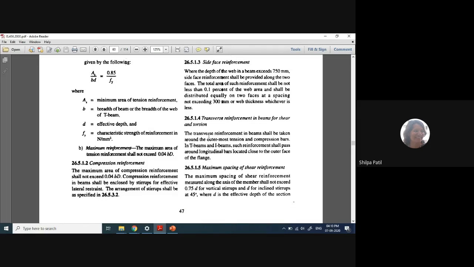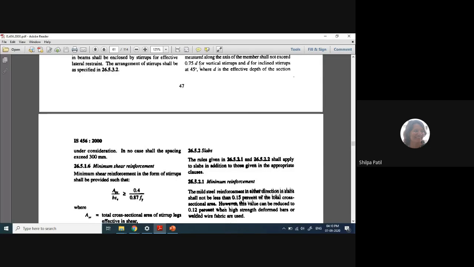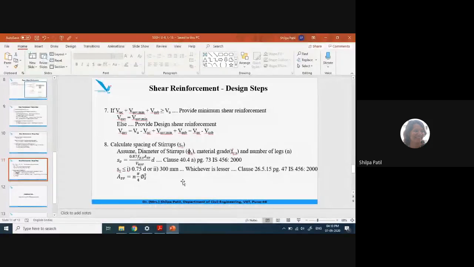And in no case shall the spacing exceed 300 mm. So there are two conditions, 0.75 d or 300 mm, whichever is lesser. The spacing should be less than either 0.75 d or 300 mm.